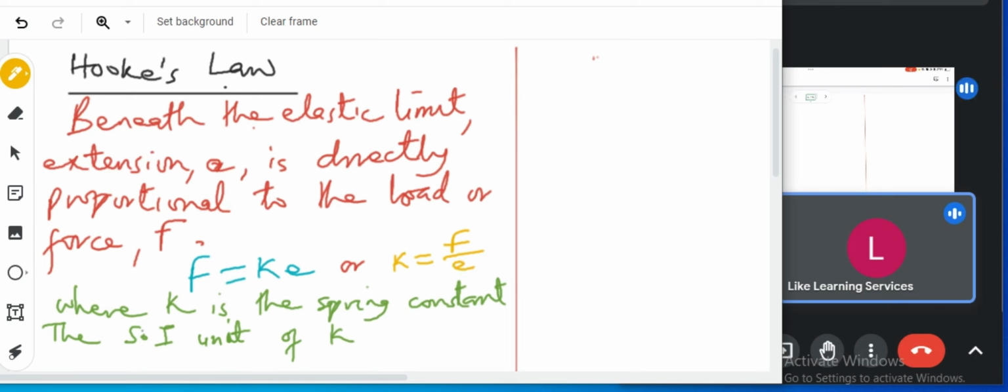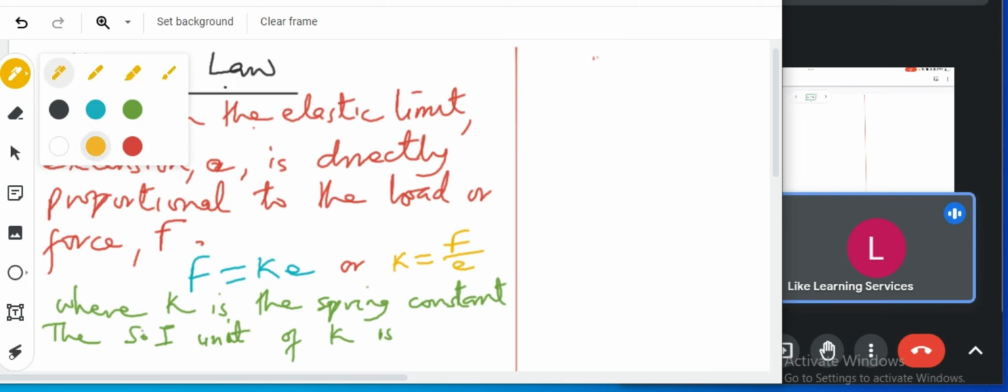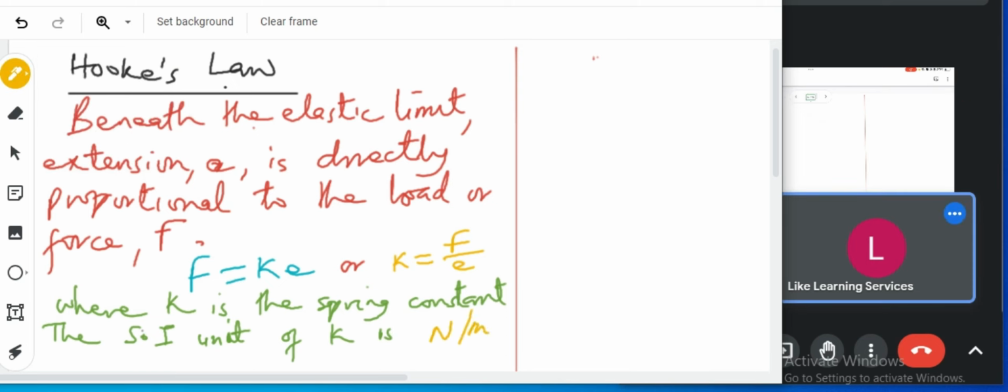So the unit of K should be newton per meter. Okay, unit of K is newton per meter because it's force over length.